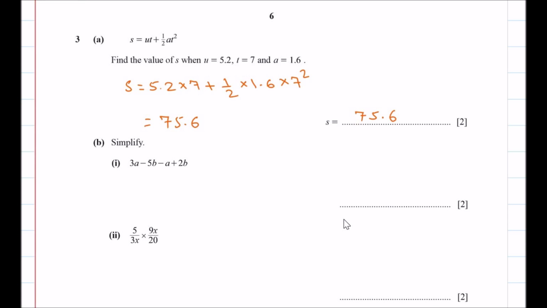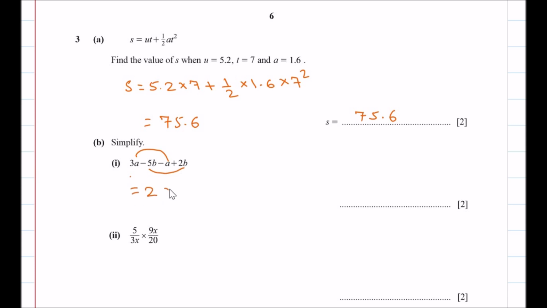Let's take part B. Simplify: 3a minus 5b minus a plus 2b. We have to simplify this. Simplify means we have to combine the like terms. So 3a and minus a are like terms, and minus 5b and plus 2b are like terms.